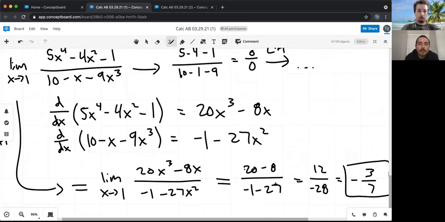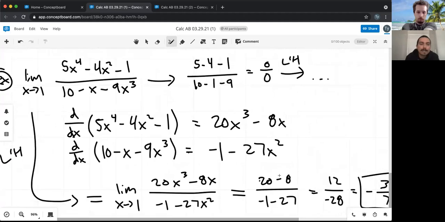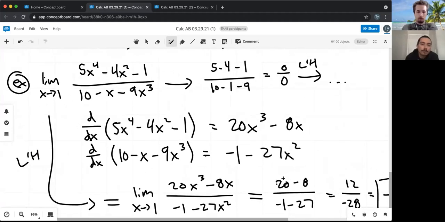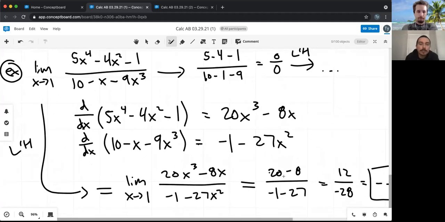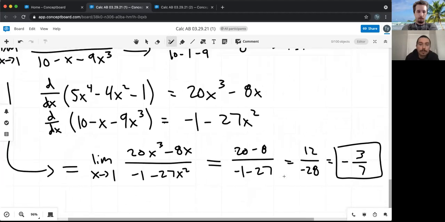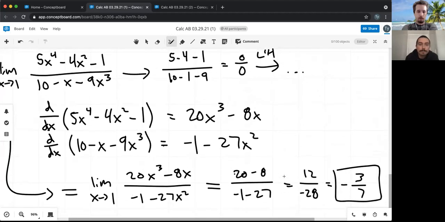Okay, so there are other ways to solve this limit, but I think L'Hopital's rule is a pretty nice way to do these. So again, we saw 0 over 0. We said, hey, that means L'Hopital's rule. We took the derivative of the numerator and the denominator, and then we created a new limit that is equal to our original one, with instead the numerator's derivative divided by the denominator's derivative.